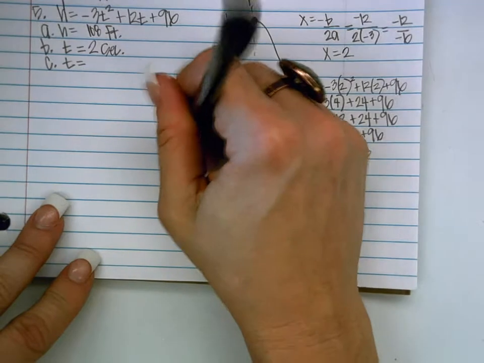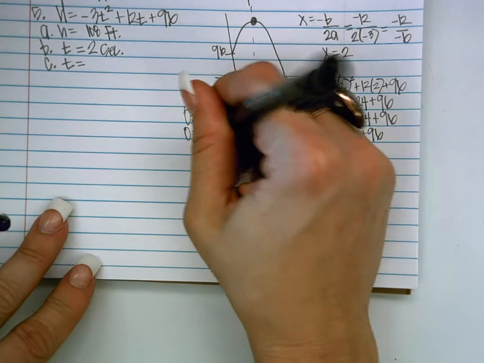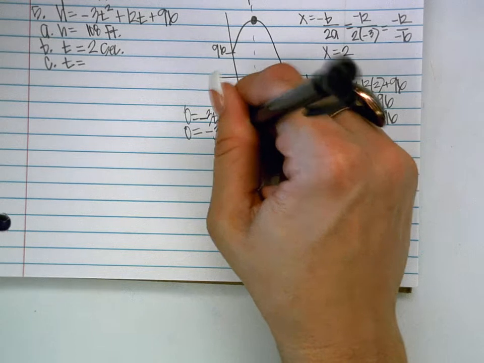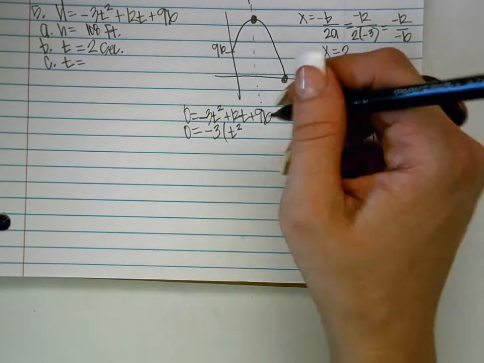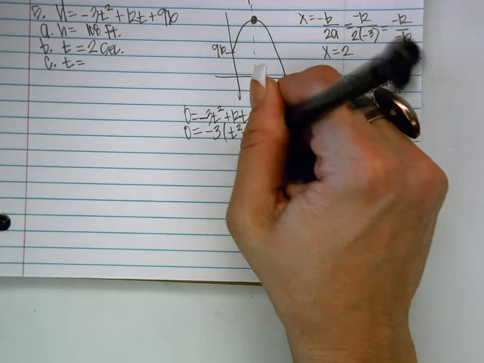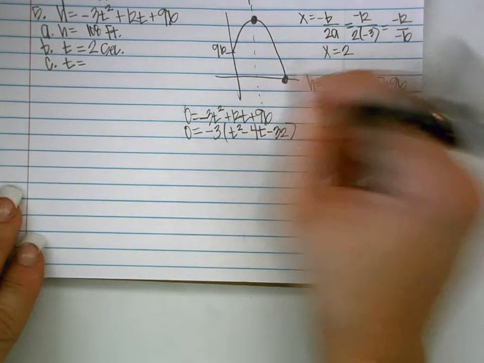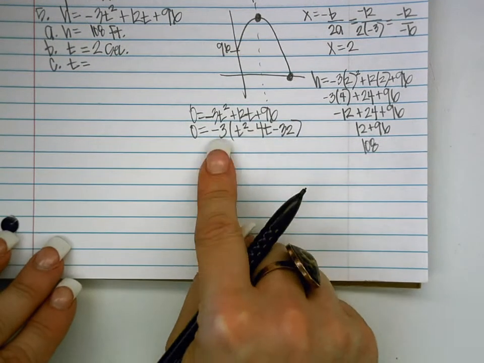You can't factor if you have a negative in front, so you have to factor out the negative. Then left behind would be t squared minus 4t minus 32. The reason it's negative is because if you factor out a negative, positive divided by negative leaves behind negatives.